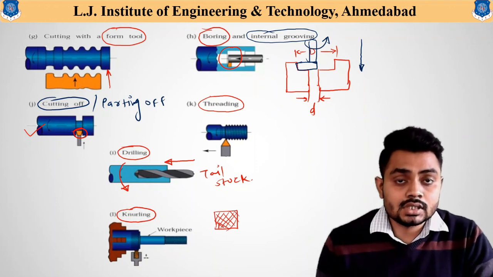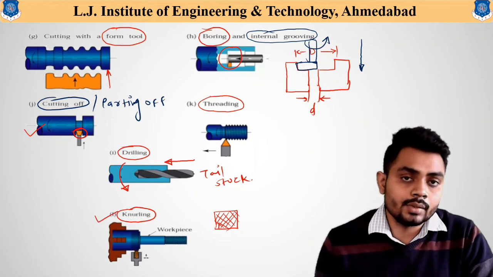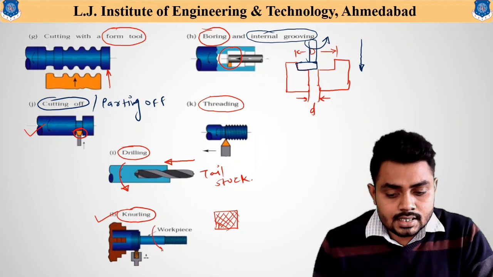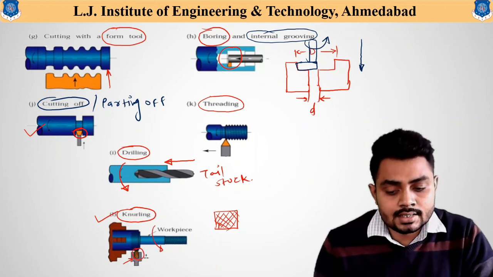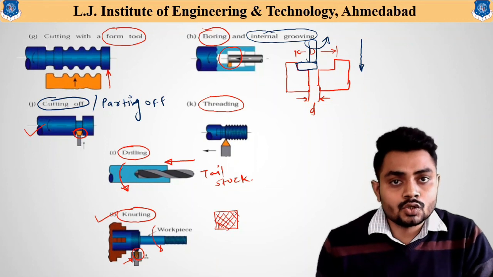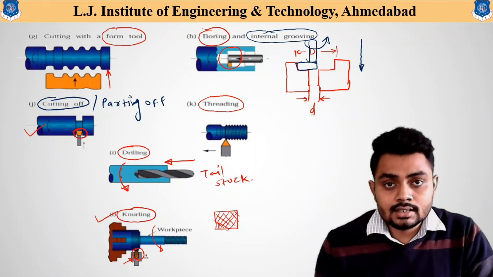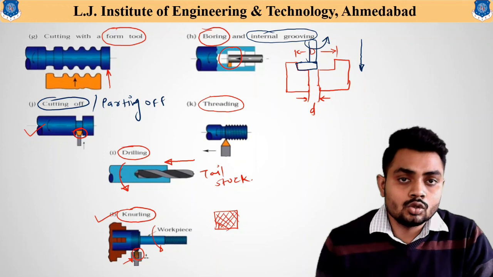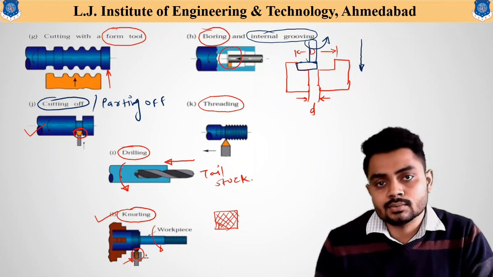In this knurling operation, as the workpiece is rotating and the knurling tool is also rotating inside this particular fixture, the rotation of both is helpful for the knurling operation. And the RPM of the workpiece is very slow because both the components are rotating in opposite directions.